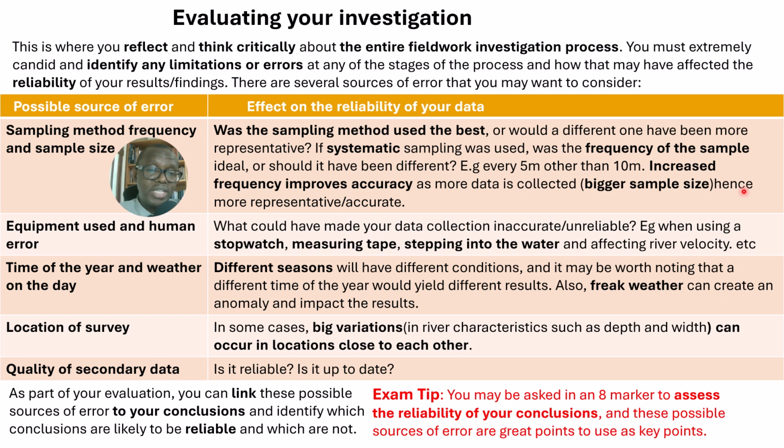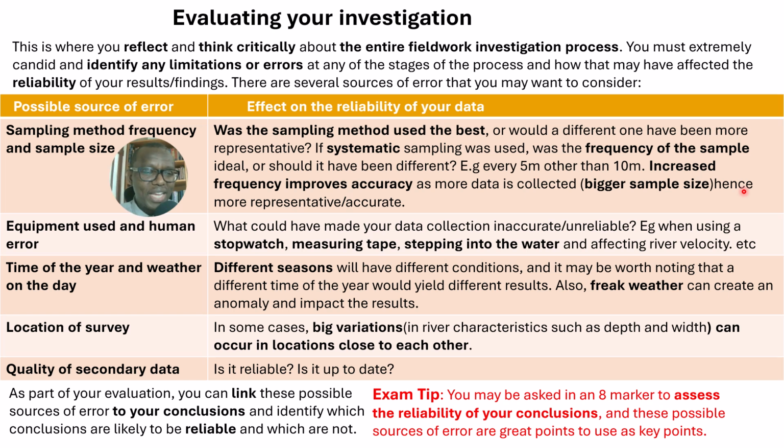Then the measuring tape, you need to think about whether it was actually straight enough, because if you are using tape, sometimes it slacks, and if it slacks, it may not give you a very accurate reading. So those are things that you need to be thinking about, and things that you need to be prepared to answer in the question, in the examination, in case you're asked about.